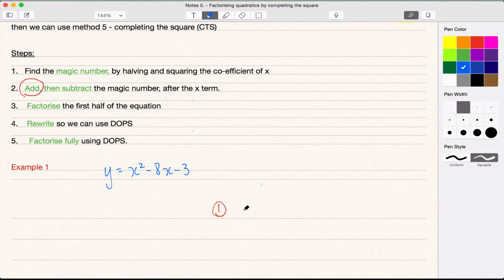Step number 1, magic number, is you take the coefficient of x, the number in front of x here, halve it, and then square it. Negative 4 squared, which equals 16. So our magic number is 16.